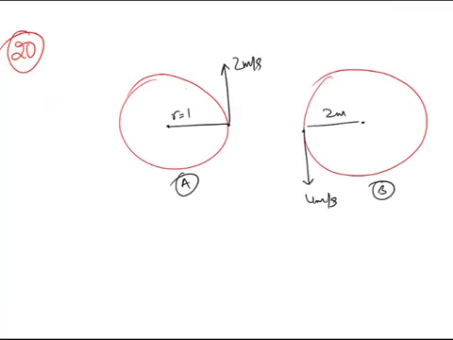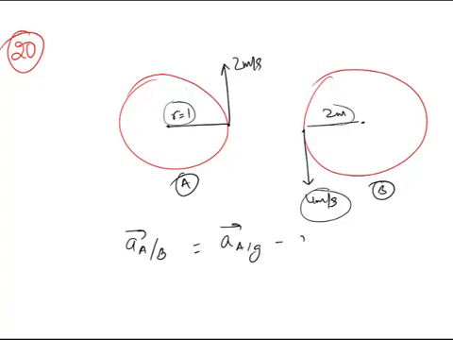Alright, so question number 20 gives us two circular motions A and B. VA equals 2 meters per second, doing a circle with radius 1 meter, and VB is 4 meters per second, doing a circle of 2 meter radius, and we have to find the acceleration of A with respect to B. In vector format you can write it as acceleration of A with respect to ground minus acceleration of B with respect to ground.